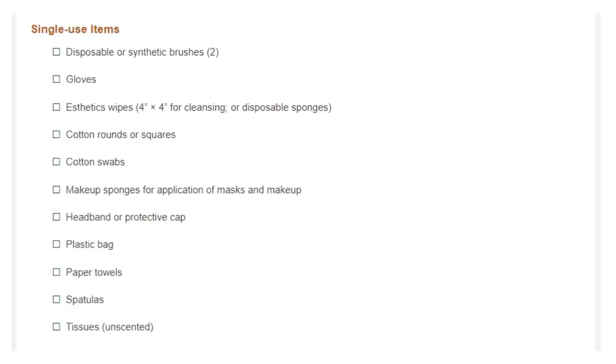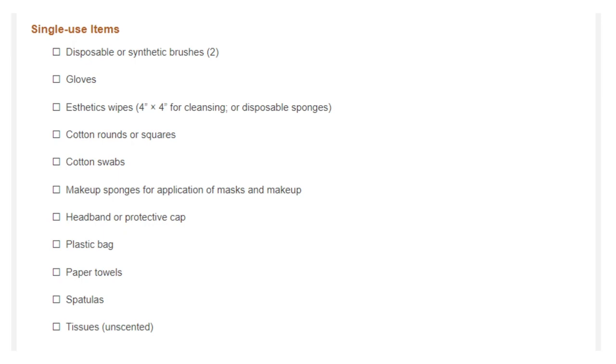Single-use items: disposable or synthetic brushes, 2. Gloves. Esthetics wipes, 4 inches by 4 inches for cleansing, or disposable sponges. Cotton rounds or squares. Cotton swabs. Makeup sponges for application of masks and makeup. Headband or protective cap. Plastic bag.